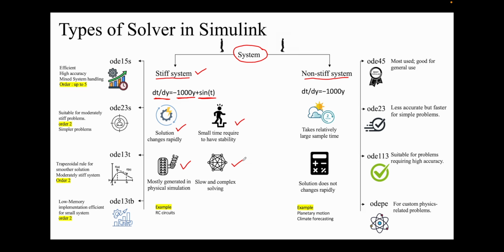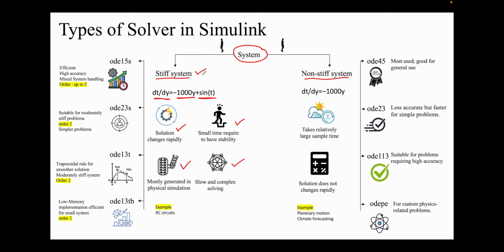When we do this, the complexity of solving the equations or the model becomes very high, and as it becomes complex, it takes a little more time. Also the step time is very small, so the calculation is very slow. Overall, when you are dealing with a very complex system, you need to use a stiff solver, and that solver will solve it very precisely based on its type, doing all the complex calculation.